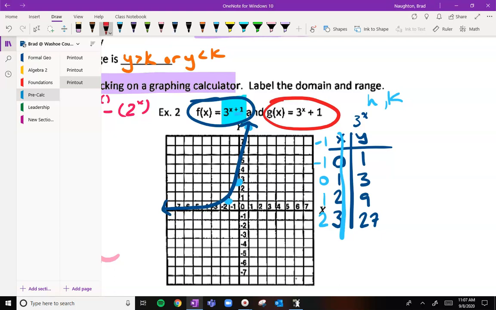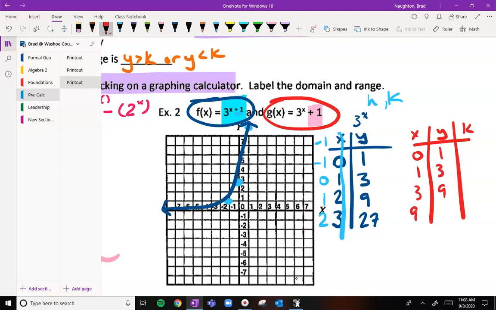So then let's look at our k value. Notice this k value, that plus 1, is after our exponent as opposed to with it as we saw previously. That means when I do this one, x, y, my k is going to affect the y. So I'll do 0, 1, 1, 3, 2, 9, 3, 27.